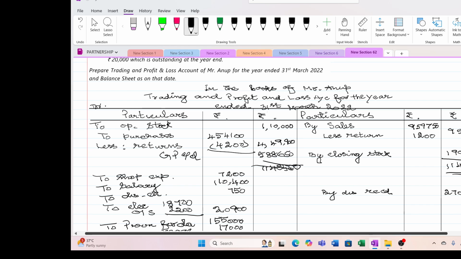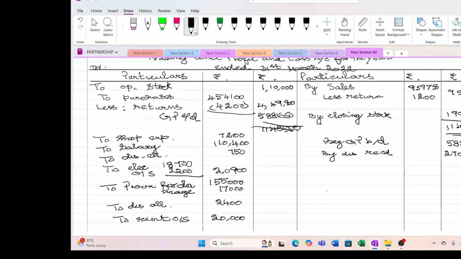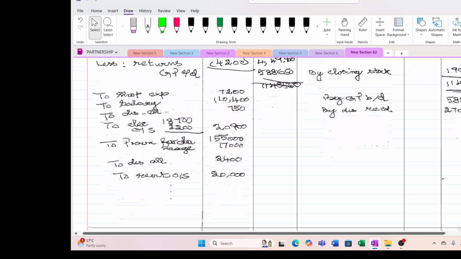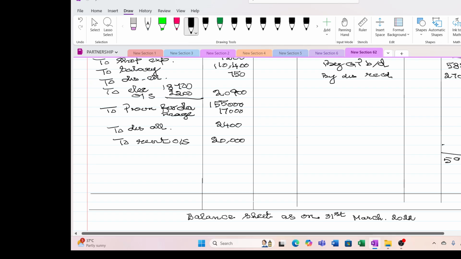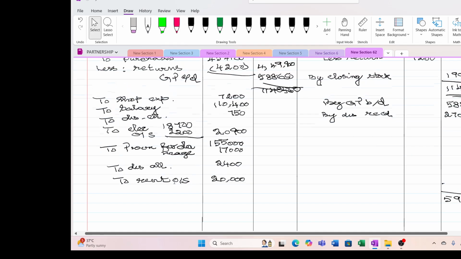So the GP is brought down here. 588,650 plus 2,700 comes to 591,350.